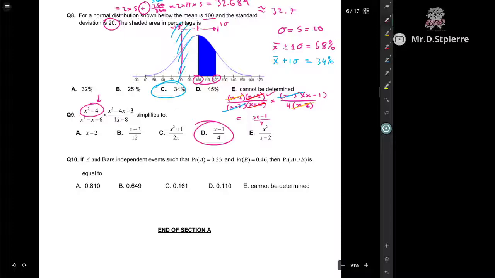Right, last question. If A and B are independent events such that the probability of A is equal to 0.35 and the probability of B is equal to 0.46, then the probability of A union B is equal to what? Okay, so we have probability A, we have probability B, we're trying to find the union.